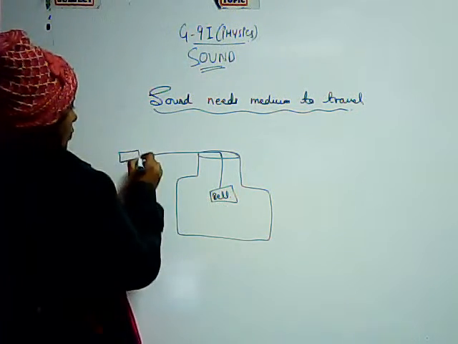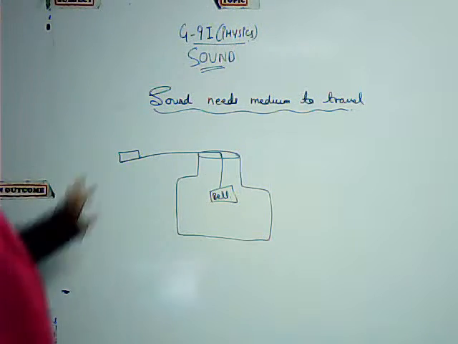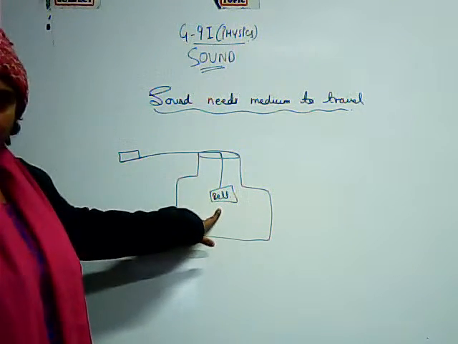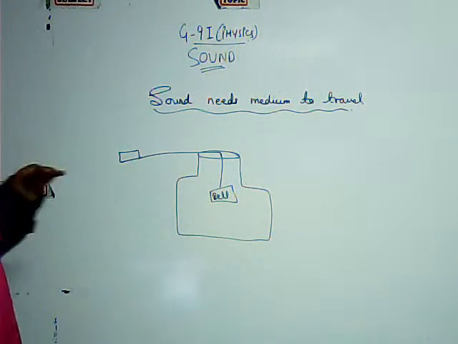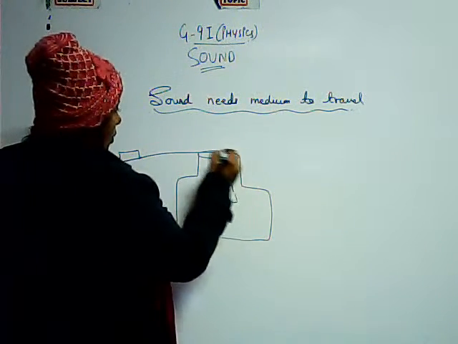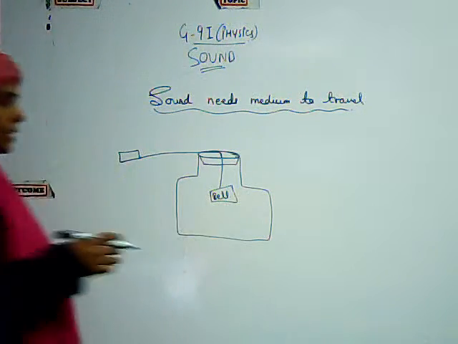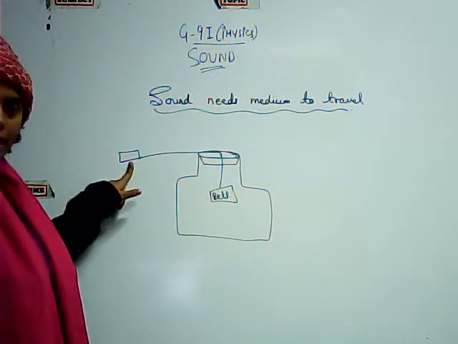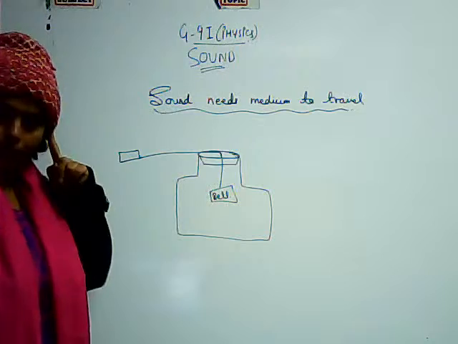We have a switch over there and the electricity supply, whatever. Fine. Now when we switch on, the bell will ring and we are able to hear. Fine. Now I am going to close the top of the jar. That is the lid. Fine. Now again you ring the bell.